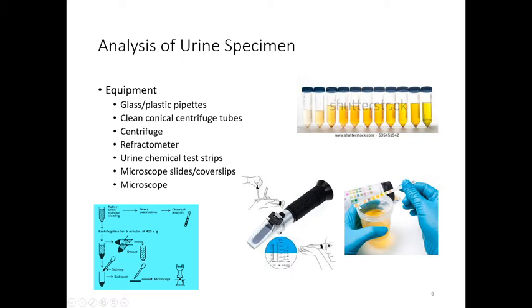So we're going to do a chemical strip, and this is going to give us an idea as to protein, if there's any blood cells, white cells, pH of the urine. It will tell you specific gravity. There are certain things on here that I don't believe, like the urine specific gravity, I would rather get from a refractometer.